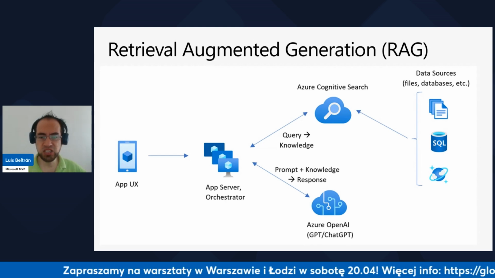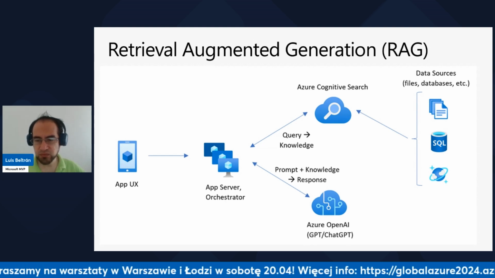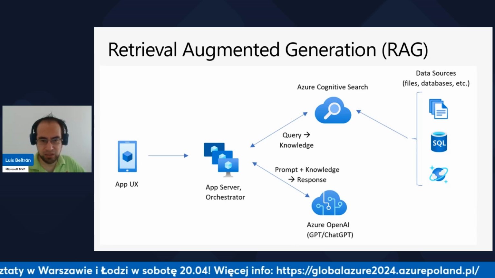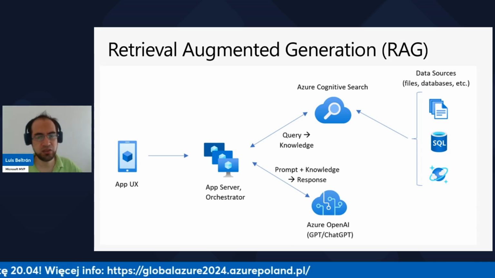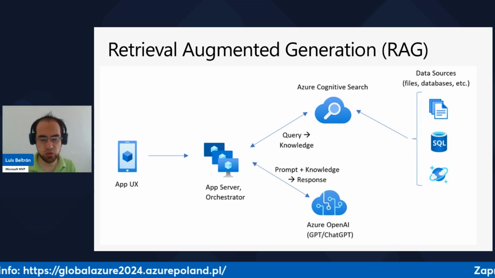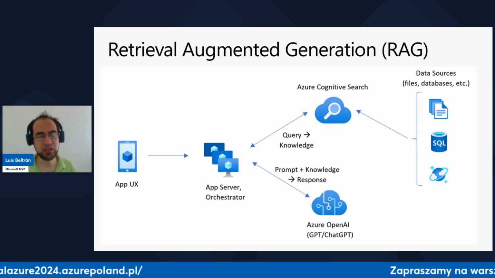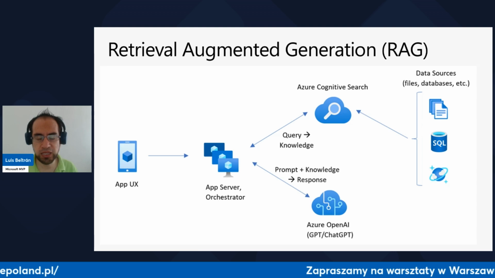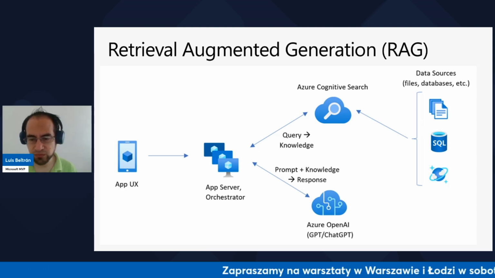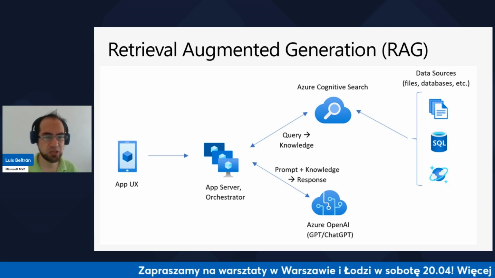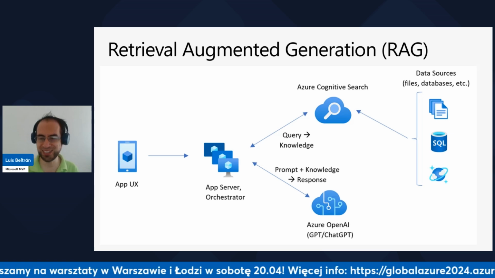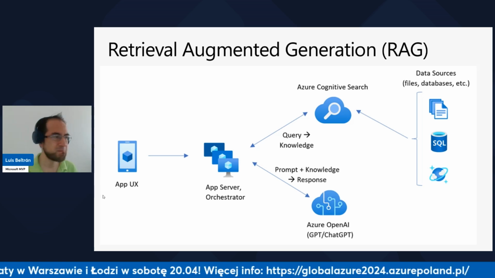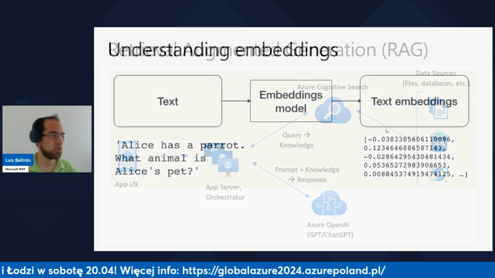A query will be generated, and the search result will be returned back to Azure OpenAI to generate text according to the user's prompt. And then back to our application, and we do what we want. You will see how we do it.